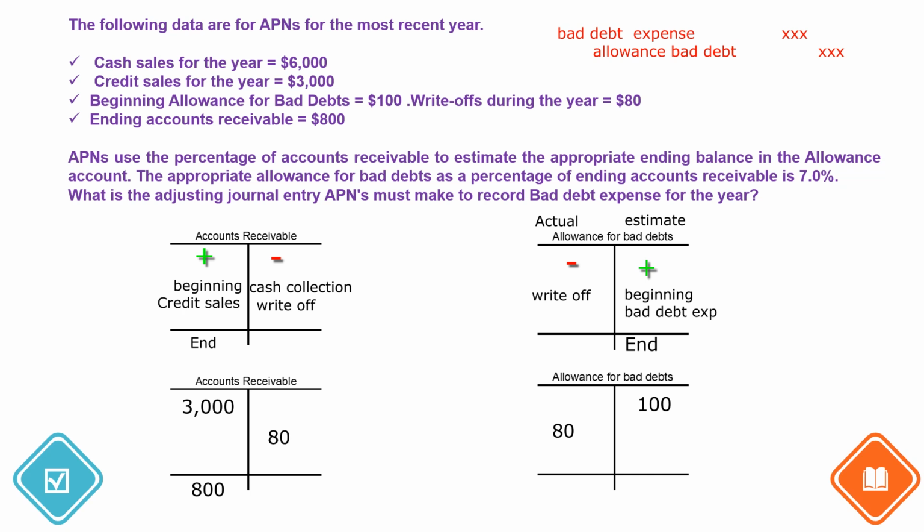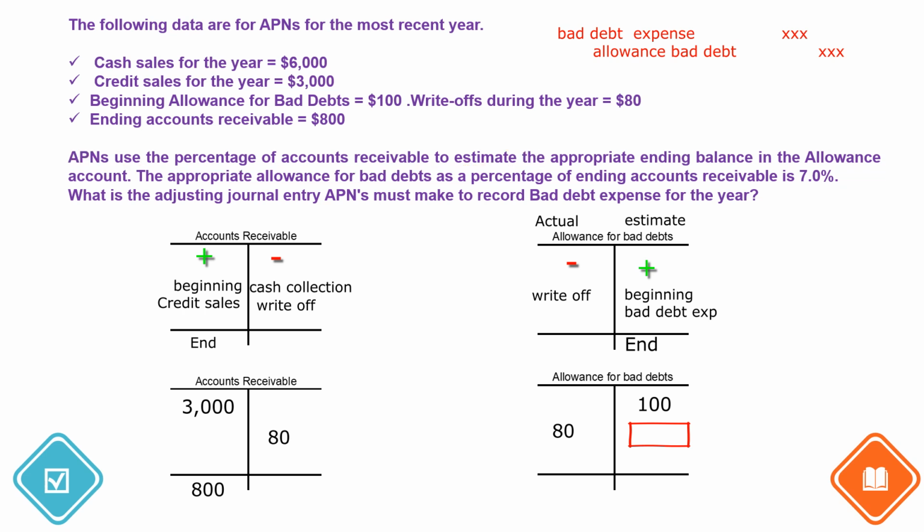But it tells me that they account for allowance for bad debt, and this is the number we're looking for. To figure out what this allowance for bad debt is, it depends on which method they're using. They tell us that the company uses a percentage of accounts receivable to estimate the ending balance in the allowance account.